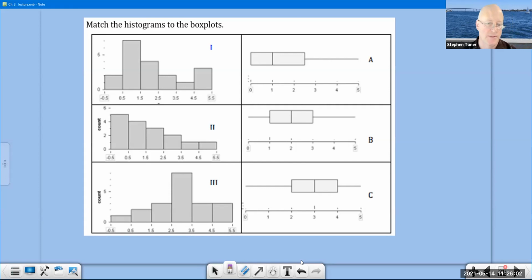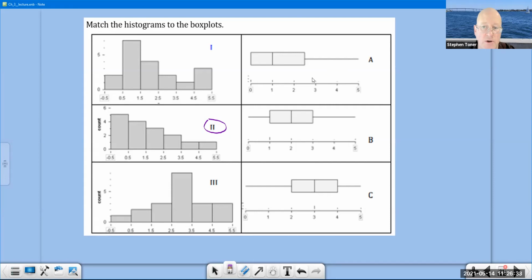I'm going to begin with the second histogram on the left, the one that you can identify as being very much a skewed to the right distribution. Which of these three at the right do you think matches with this second histogram? I'm going to ask you to pause this video and answer that for yourself.